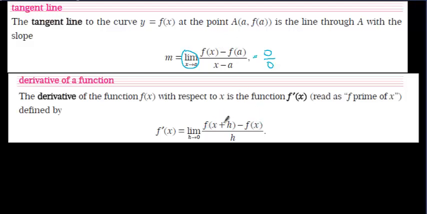Here it's written a plus h minus a, and a plus h minus a is going to be equal to h, which is the denominator.